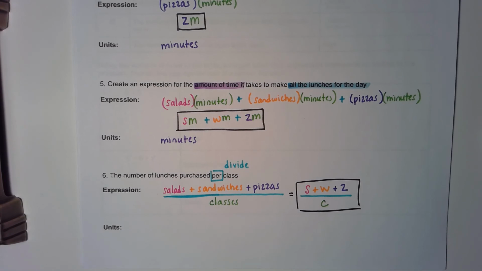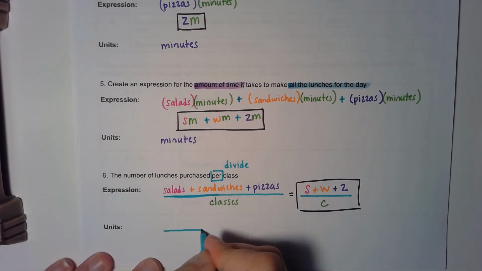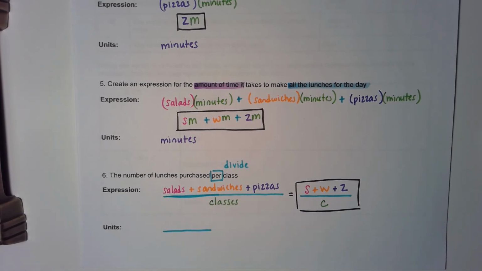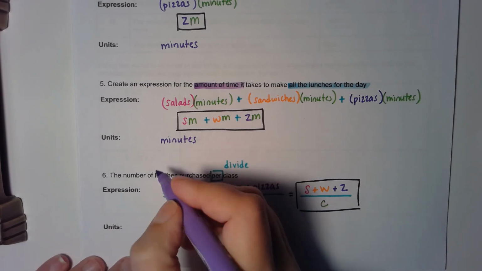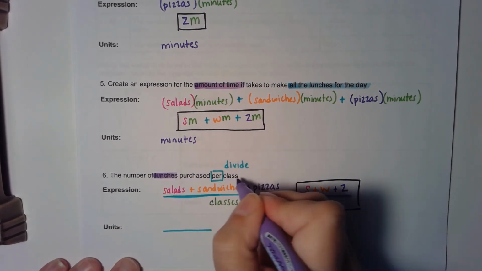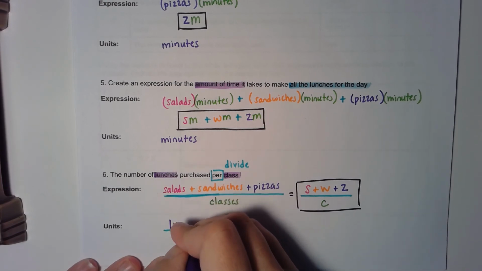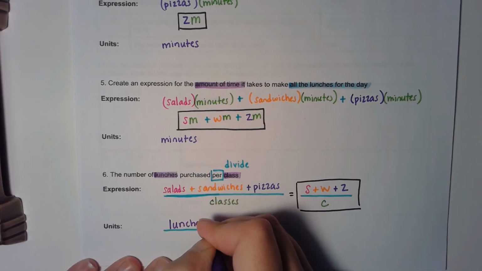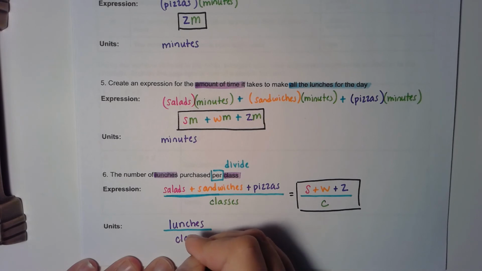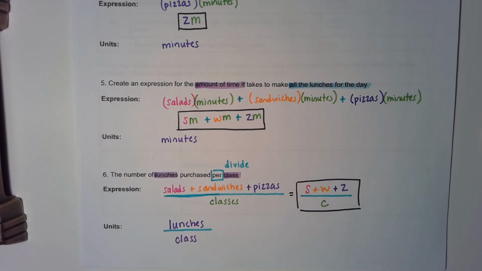Now, as far as units, because per means divide, our units would also be a fraction. So it says number of lunches per class. So lunches per class tells me that lunches would go on the top and class would go on the bottom. So your answer here would be there were 10 lunches per class that we made.